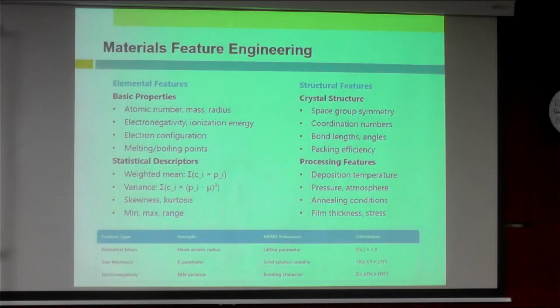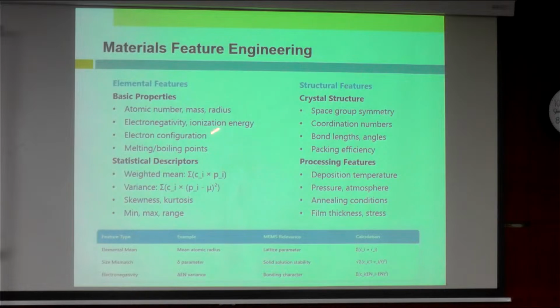This is the basic properties of material that we normally fit into the system or try to label in the machine learning. For example, the basic properties of atomic number, mass, and radius. Then electronegativity and ionization energy.